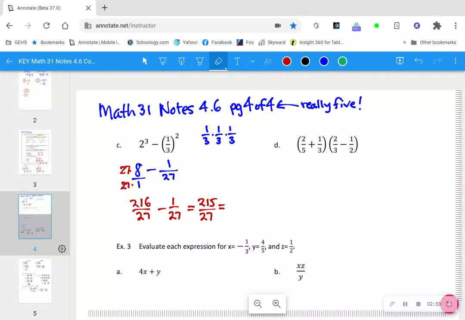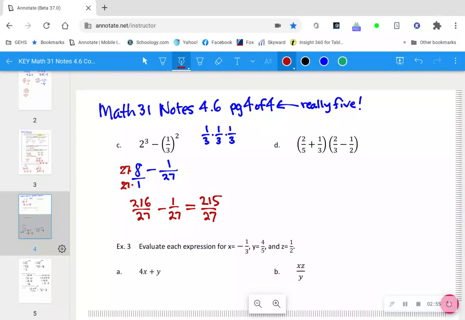Yeah, we're just going to leave it as this right here. Whoops. Sorry. 215 over 27. I think it's, yeah, that doesn't divide by 3. I thought 215 divided by 3. That was my mistake. Okay.